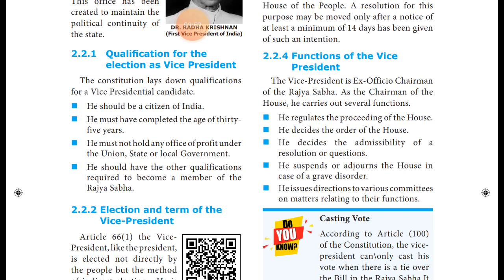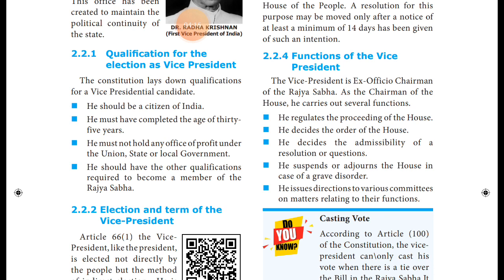The next, what kind of vote is needed for the President? And next, what are the powers? That means name the powers or list out the powers. President: executive power, legislative powers, then military power, diplomatic powers, financial power. Like that they will ask.